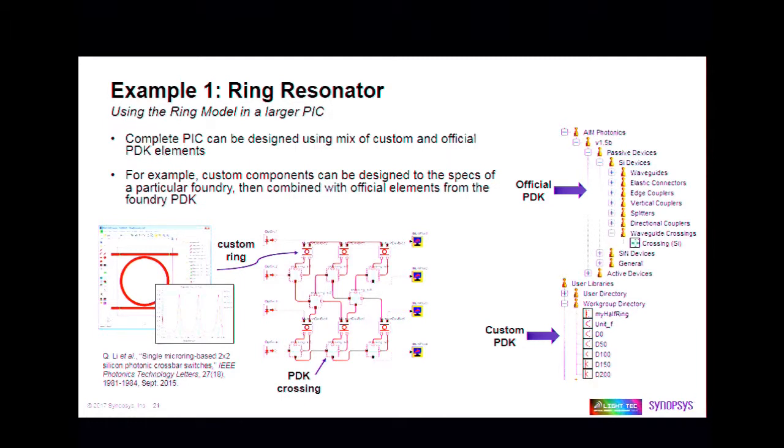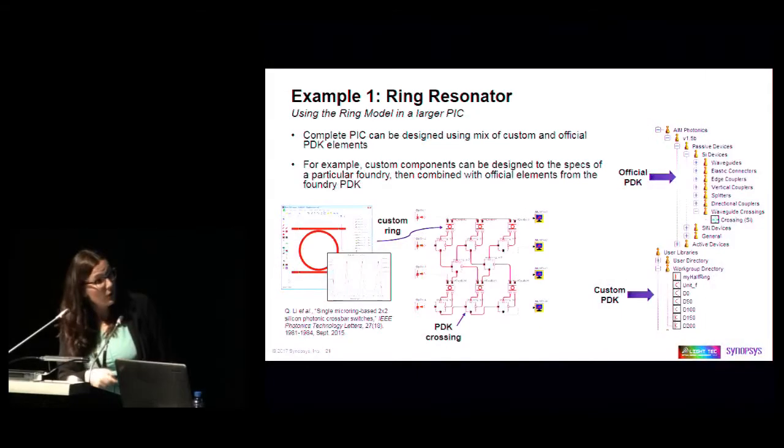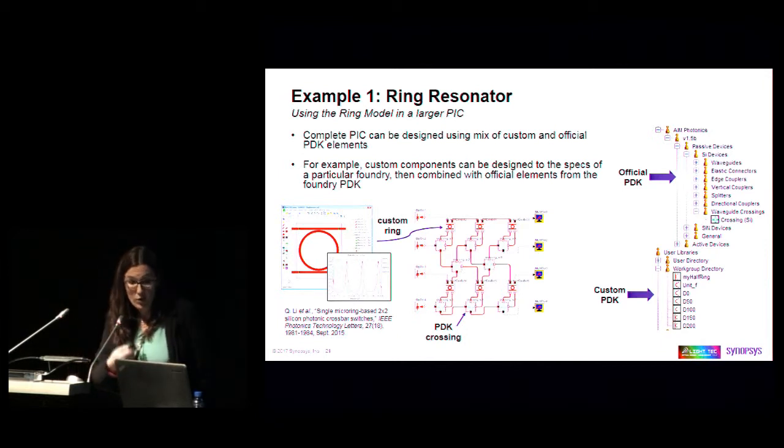And that's what we have developed here, with some ring resonators generated from the passive component tools, and some PDK cross-section waveguides from a PDK library. And we can combine all together and check what type of behavior we will have in this design by mixing existing PDK and our custom PDK.